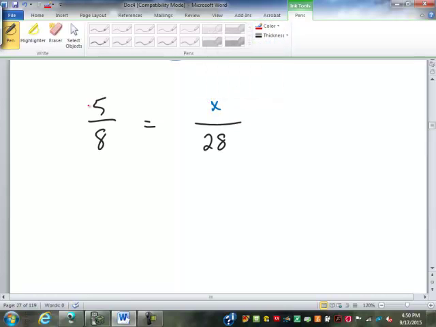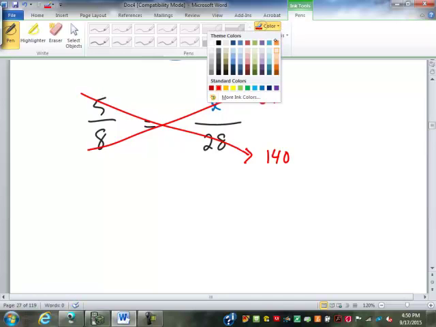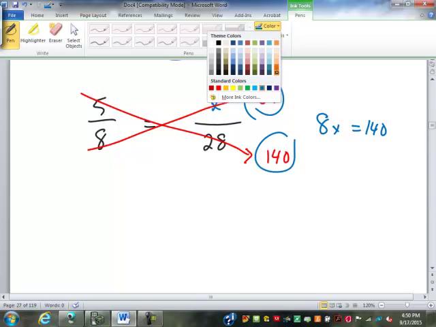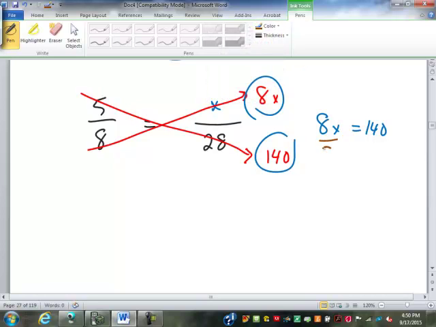Again, I multiply on the diagonals. 5 times 28 is 140. 8 times x is 8x. Now those two have to be equal. 8x has to equal 140. So what am I going to do? Divide 140 by 8. Yep, that's exactly right. 17.5.